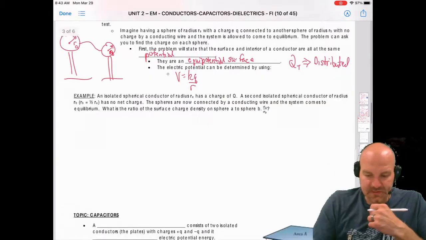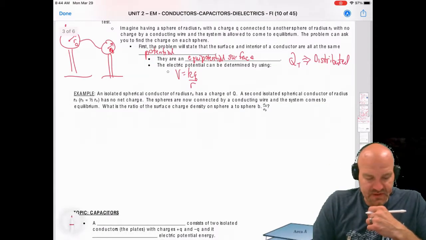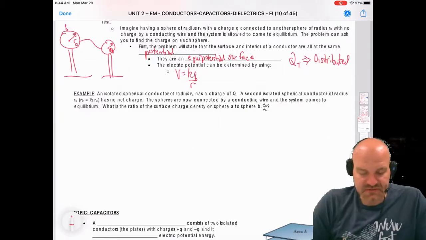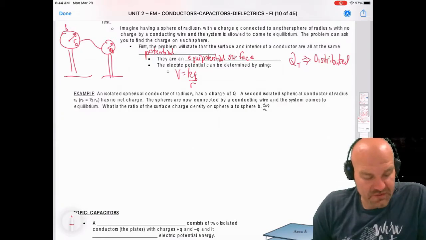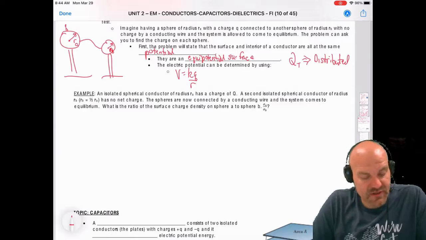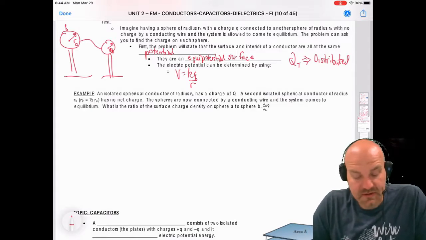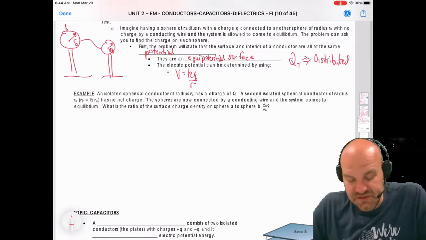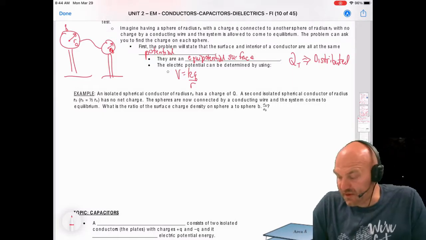Here's an example problem. An isolated spherical conductor of radius RA has a charge of Q on it. A second isolated spherical conductor of radius RB, which is 1/2 of RA, has no net charge. The spheres are now connected by a conducting wire and the system comes to equilibrium. What is the ratio of the surface charge density on sphere A to sphere B?